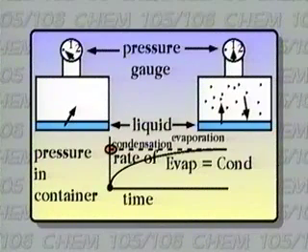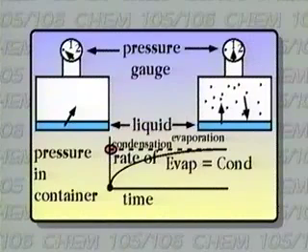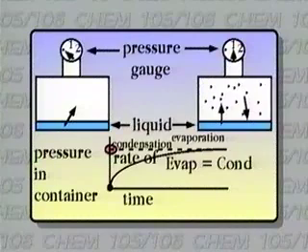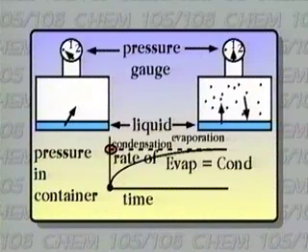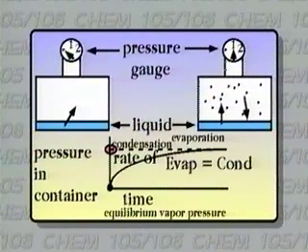In other words, the kinetic motion of the molecules is still continuing on, but the rate at which molecules leave the liquid now becomes equal to the rate at which they return. And when we reach that particular condition, we referred to that as the equilibrium vapor pressure of the liquid.